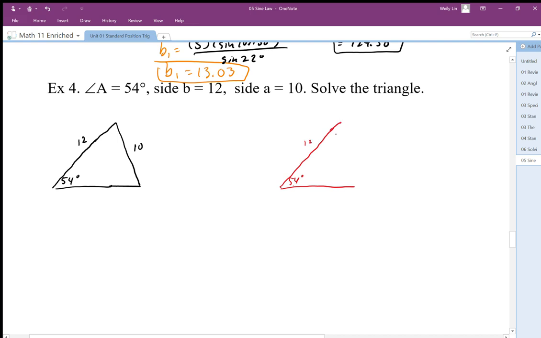But instead of drawing the side length of 10 going out this way, I could bend it back this way. Let me just draw this a little bit nicer if I can. Okay, so there's my side length of 10.